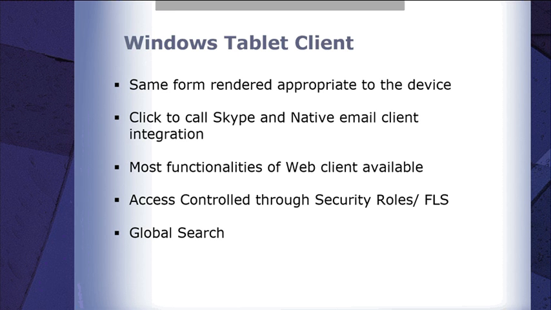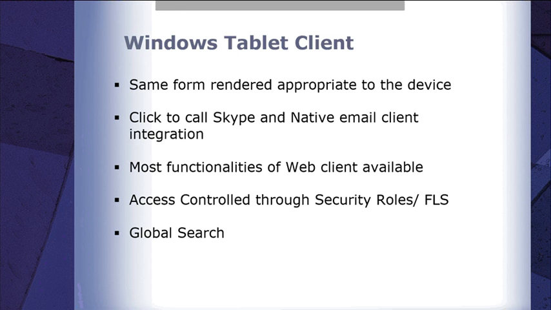The native email client integration. Again, Mobile Express was a very restricted mobile client for CRM. It was not a full-fledged CRM application where you could do absolutely anything that you can do on the web client.